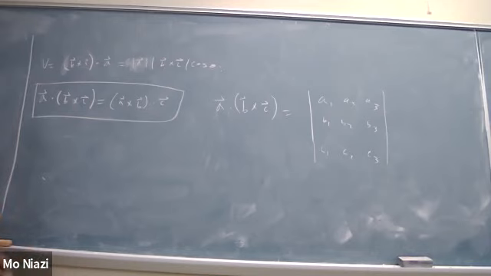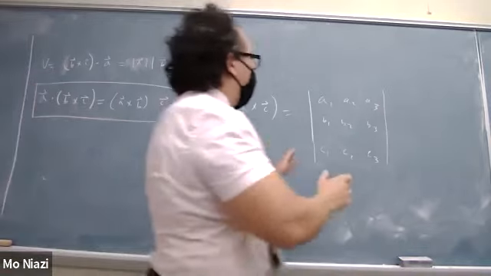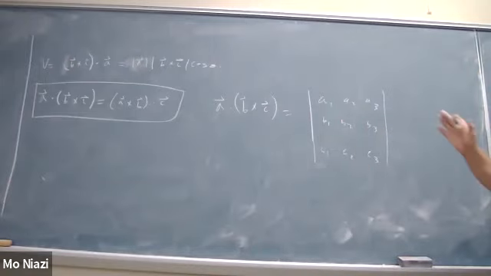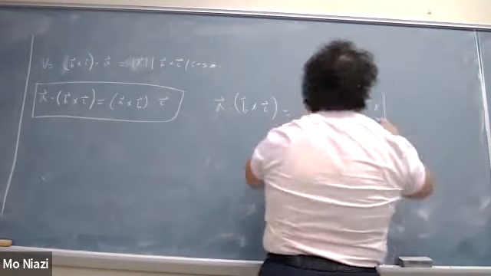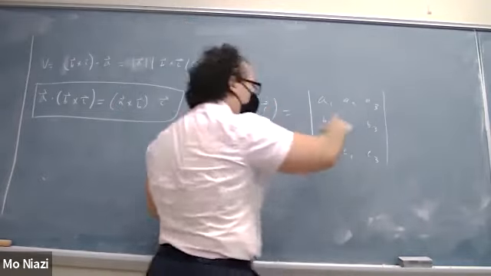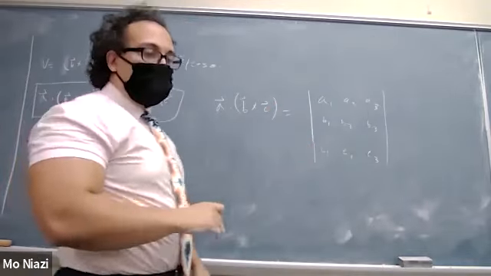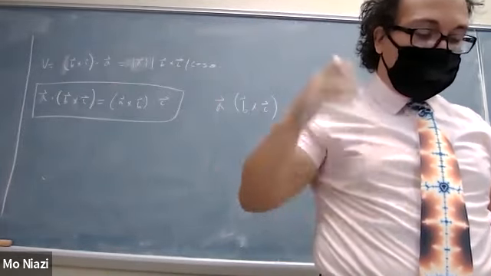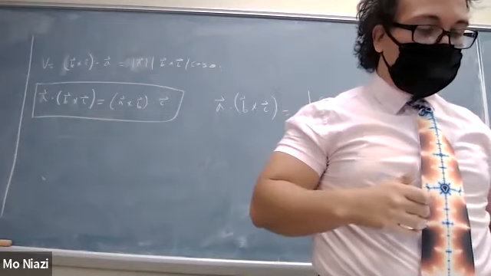You just do cofactor expansion. You cover this thing up, make it a 2 by 2 determinant here. Cover this row and this column, 2 by 2 determinant, and then cover this row, this column, 2 by 2 determinant. We've already reviewed that, but it can be shown that it would reduce to this 3-dimensional determinant.